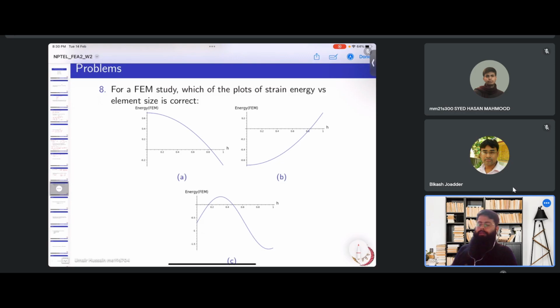So among these plots, which one do you think makes more sense for the strain energy calculation from the FEM study?